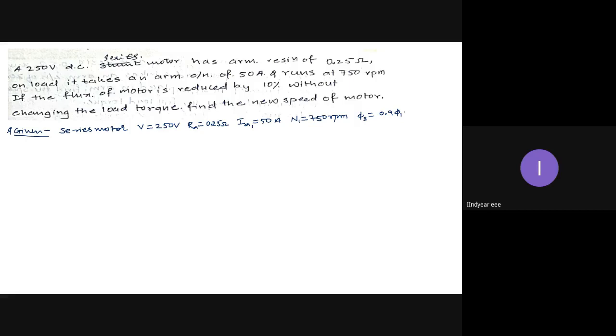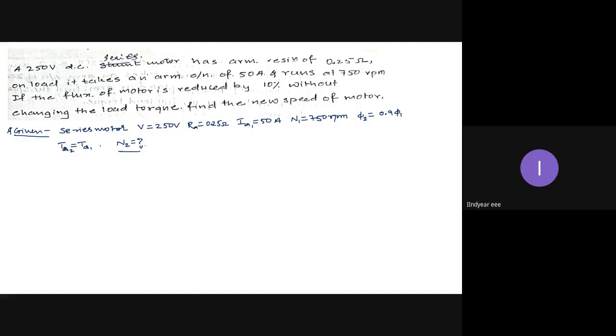Without changing the load torque means my T2 is equal to T1, or TA2 is equal to TA1. What is the new speed of the motor? This is what I have to find out.